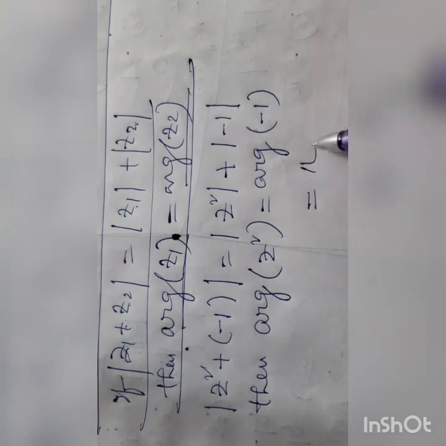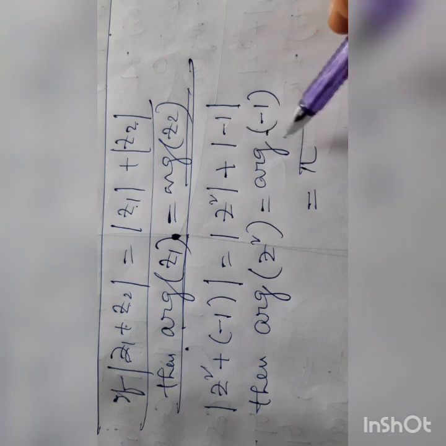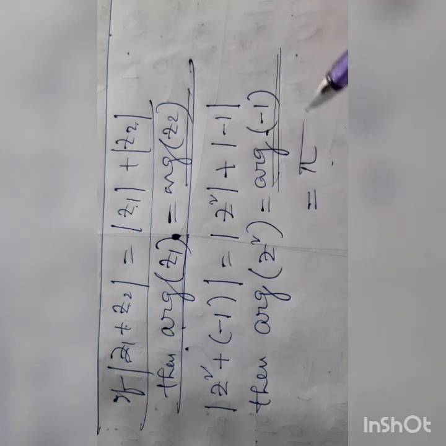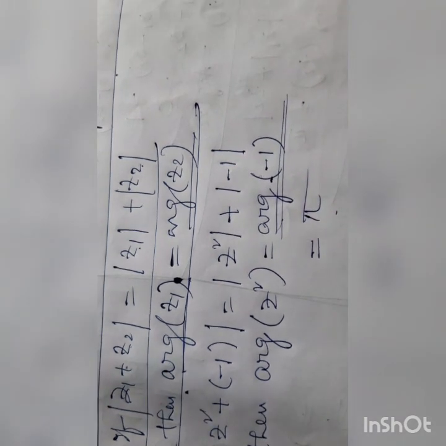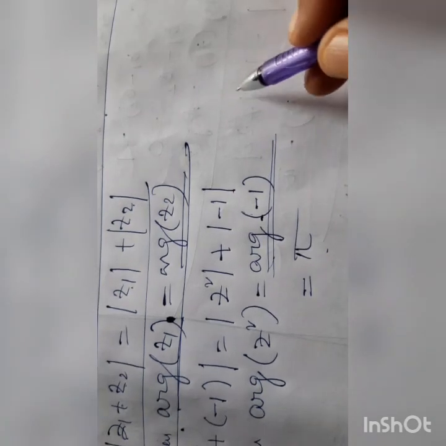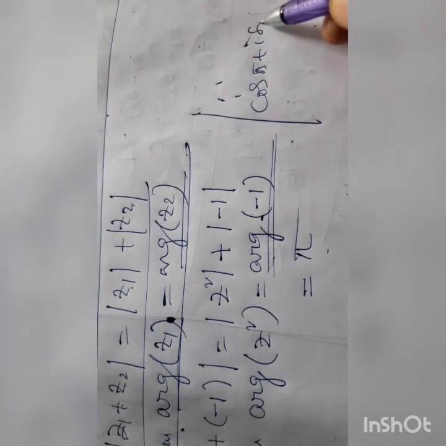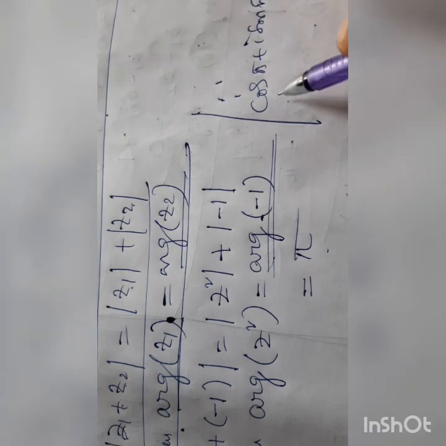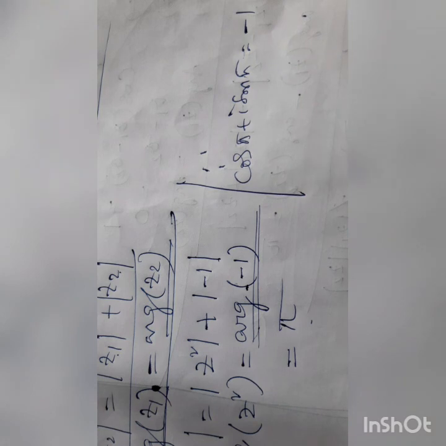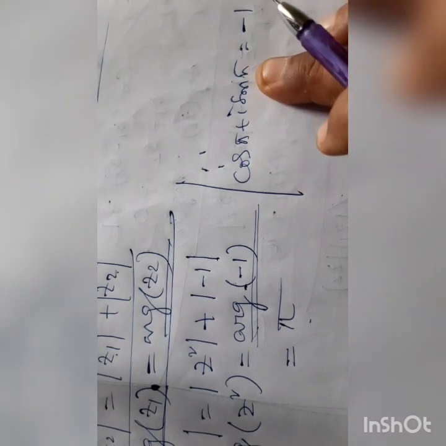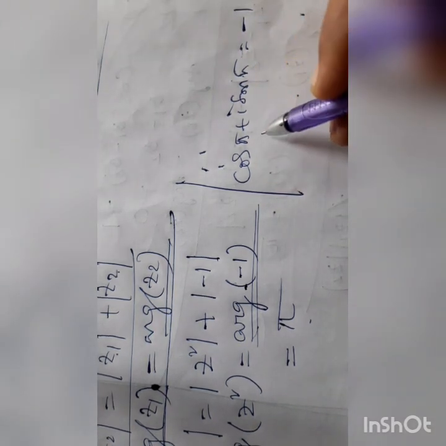Pi. This arg of minus 1 is pi, because cos pi is minus 1 and sin pi is 0, giving minus 1.